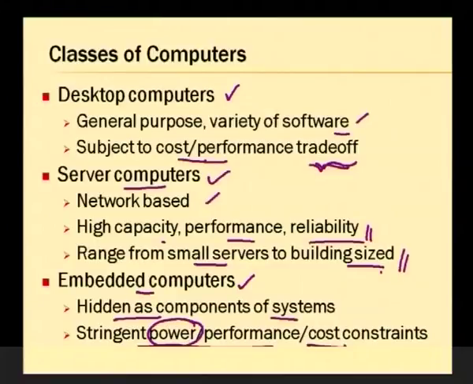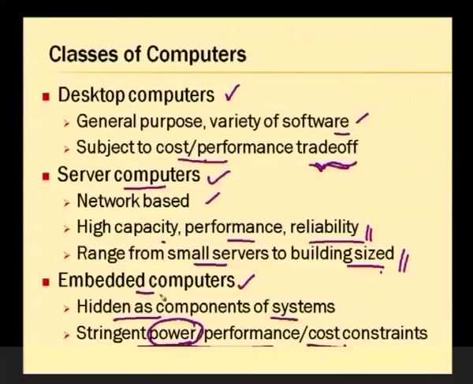The reason power is important here is that these are devices which will be embedded within certain systems. For instance, your mobile phone has a processor sitting within it, and your mobile phone itself operates off a battery. So the power that you have to run your mobile phone is limited. Once you have limited power, naturally the components inside that system should consume limited power, which is why power becomes one of the important factors when we look at embedded computers.